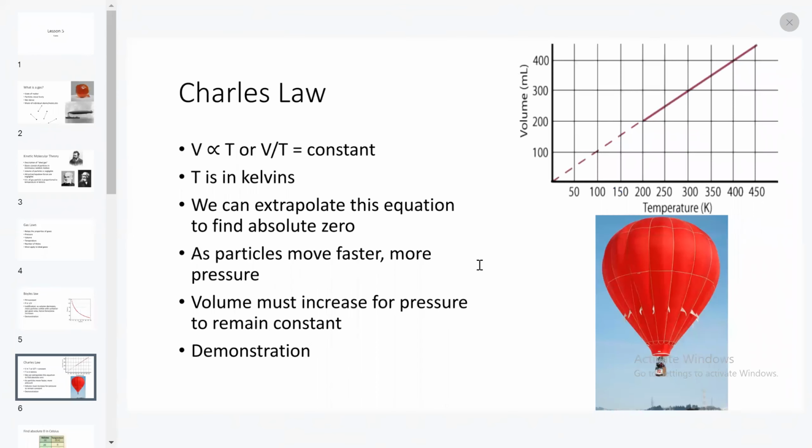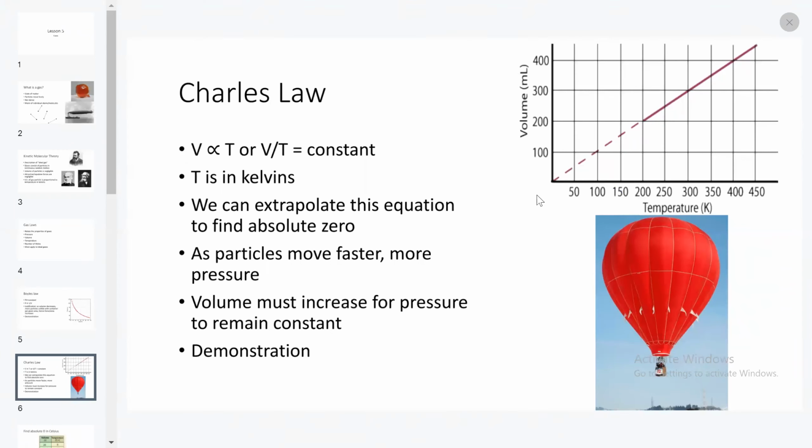So now the next gas law that I want to talk about is Charles's law. So this states that volume is directly proportional to temperature, or the volume divided by the temperature is some constant. The temperature is in kelvins, so you have to use Kelvin temperature, not Celsius temperature.